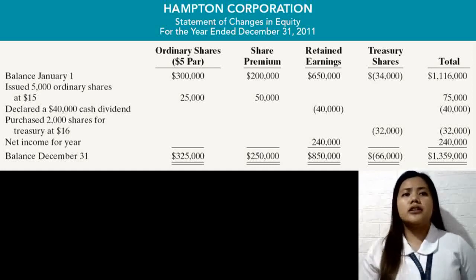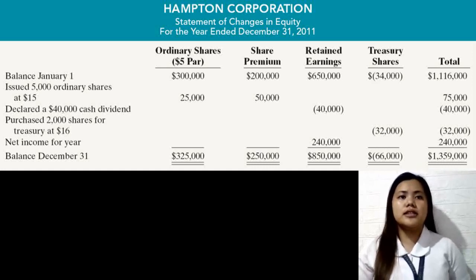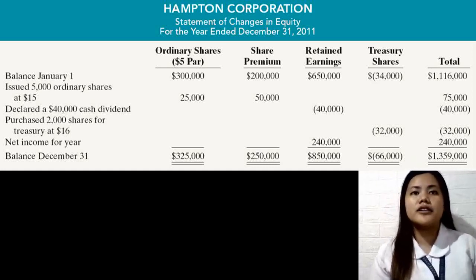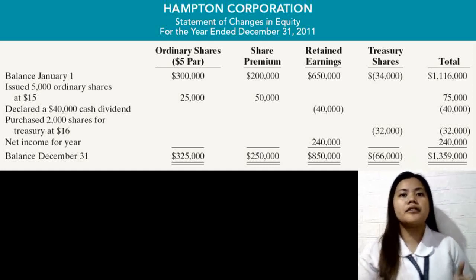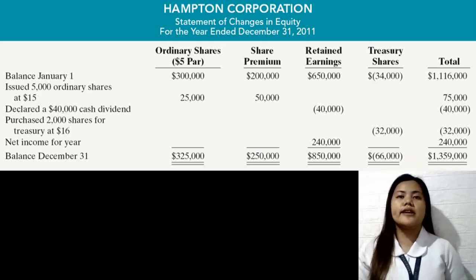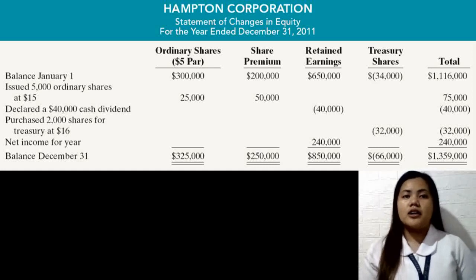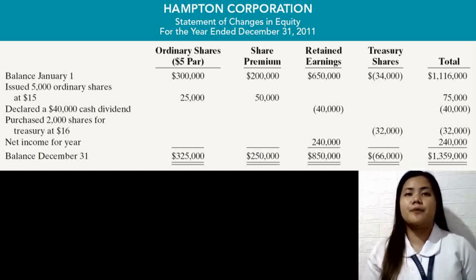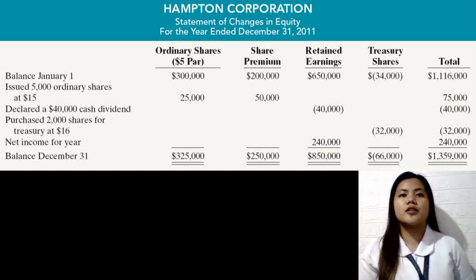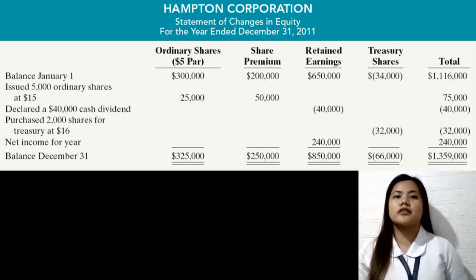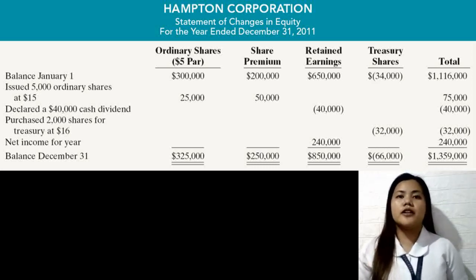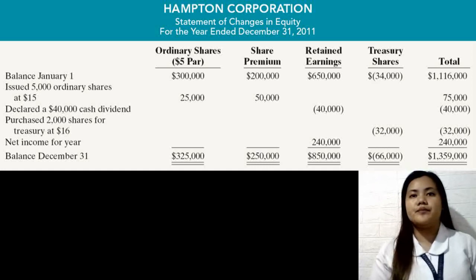Here you can see that the issued 5,000 ordinary shares at $15. So the ordinary share there is stated as $5 par. So $5 multiplied by 5,000 ordinary shares is equivalent to $25,000.